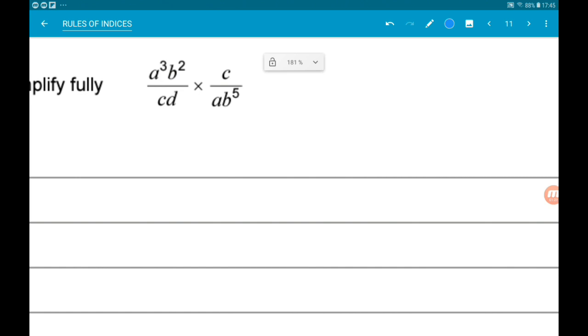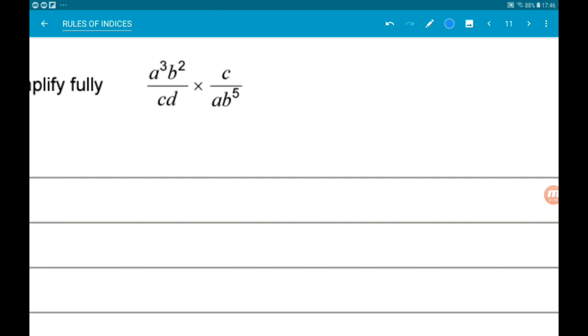Okay, next up we want to simplify fully a cubed b squared over cd times c over a b to the power 5. So first up, let's multiply the fractions. When you do that, you do the top times the top and bottom times bottom.